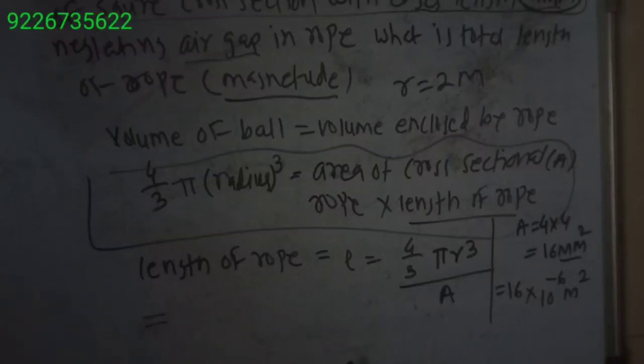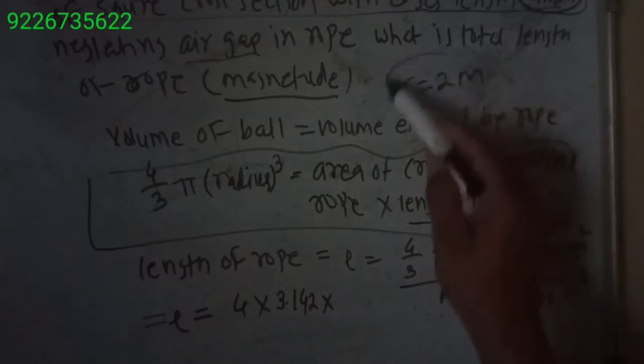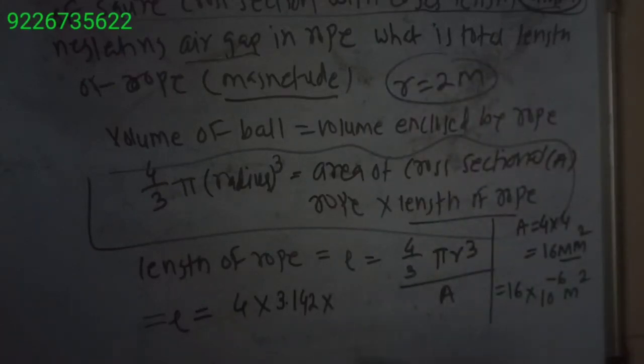By putting values in this formula, L is equal to 4 multiplied by pi, 3.142, multiplied by r, which is 2 meter, cubed, divided by the cross sectional area, which is 3 multiplied by 16 into 10 raised to minus 6.